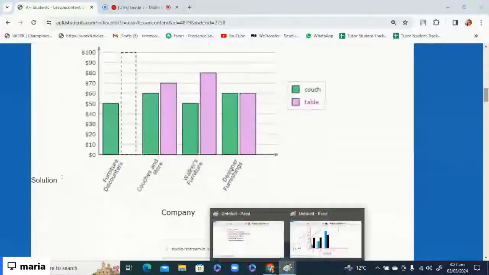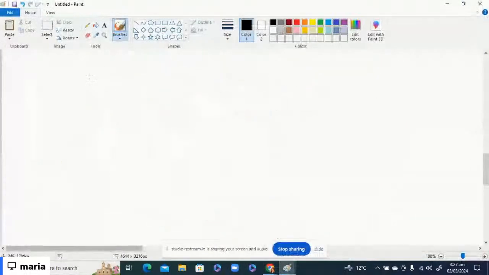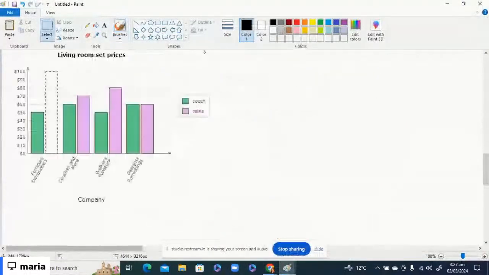Let's draw here. So the one for table is missing, and how much is the table? That is 60. So we are going to choose 60, and here there is no related color, so let's just check it out, the black color for that. So we are going to write that is 60, and here is the black color for this.